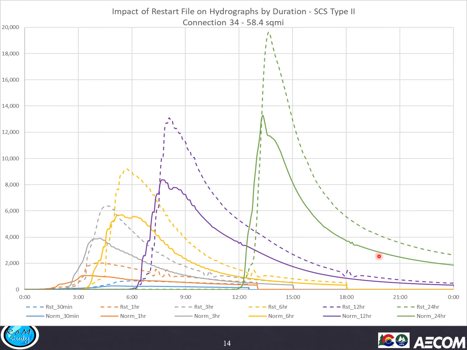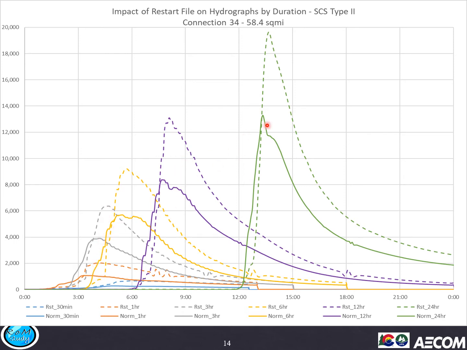So we're using that same data, and now we're adding the effects of what you see on a restart file here. And I think it's quickly apparent how significant the effects are in these larger drainage areas when you look at the difference between the peaks for each of these events. And for some of the smaller ones, especially down here, you can see the events nearly doubling the flows.